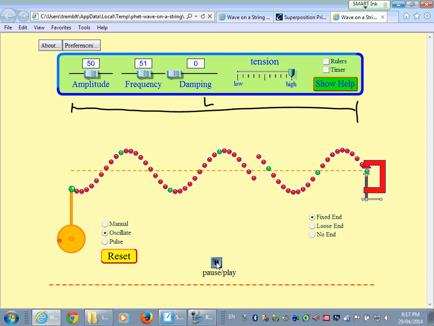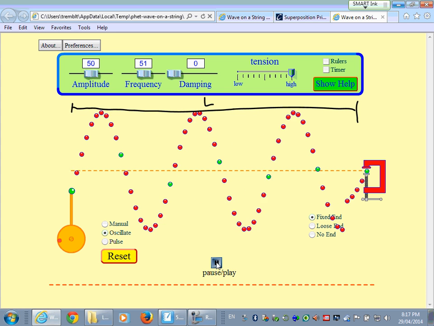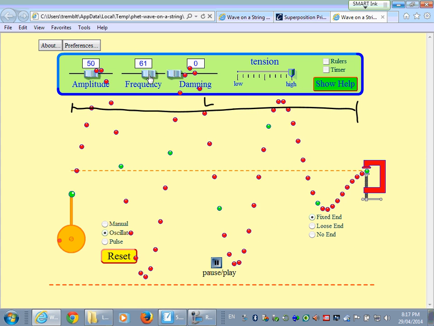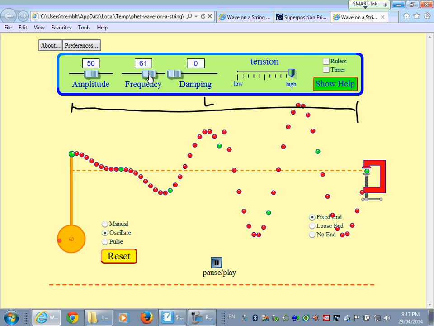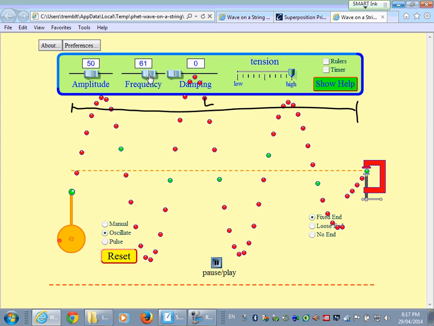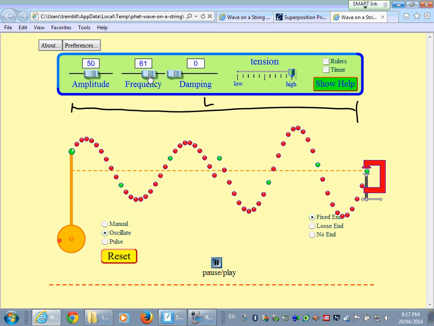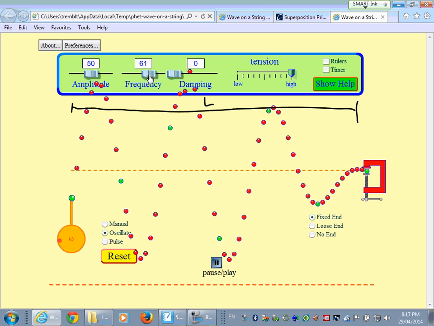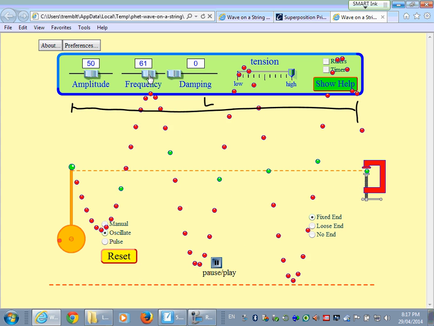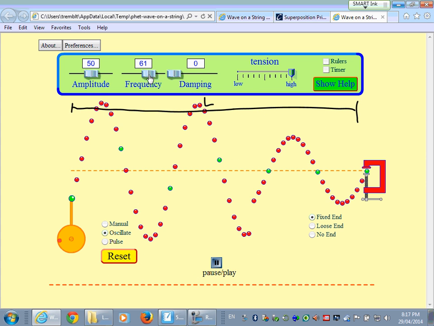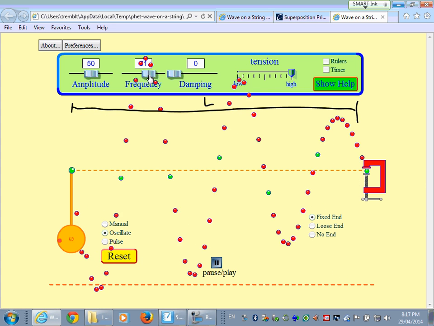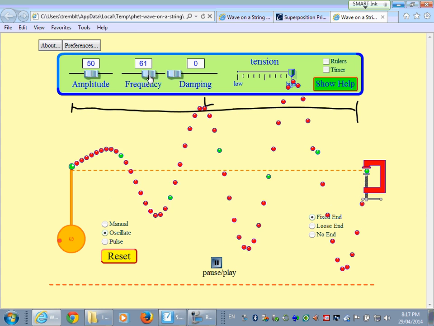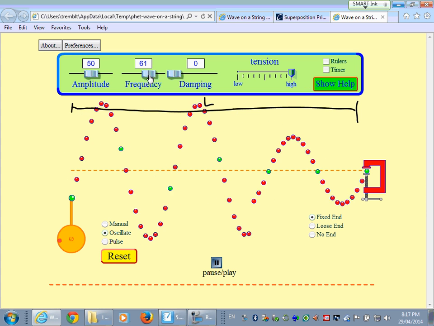It's close. If I change this frequency to, say, 61, there we go. And so I'm not really getting the standing wave anymore. We get a whole bunch of really weird stuff. It kind of seems to go crazy for a little while, and then it calms down at some points, so this is not a standing wave anymore. We're not at the right frequency. Only particular frequencies can give a standing wave, because you have to fit a certain number of wavelengths into a limited space, into that distance L.